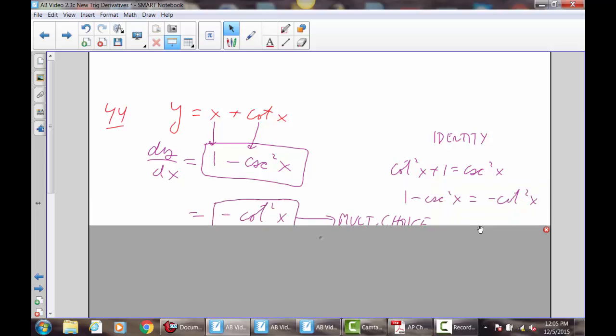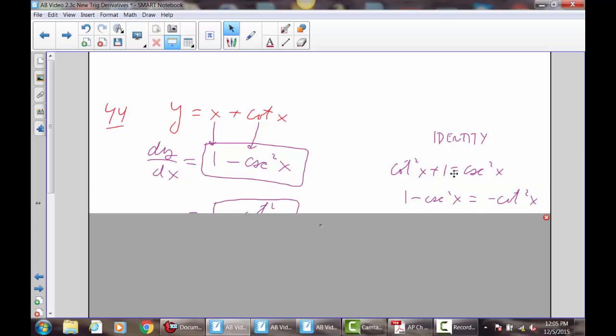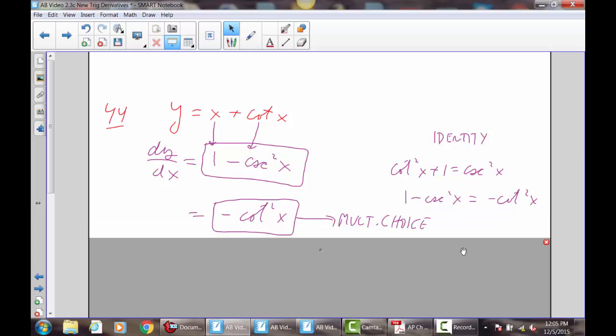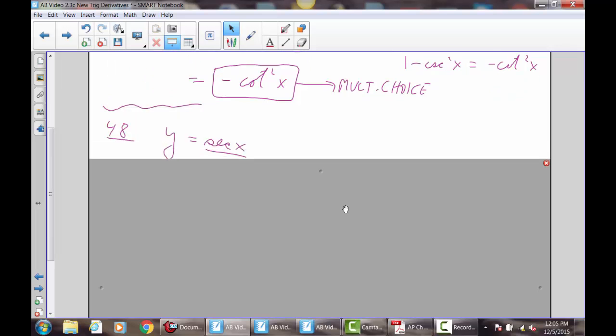So if you were to rewrite this, you would leave the 1 here, subtract cosecant squared from each side, and subtract cotan squared from each side. You would see that 1 minus cosecant squared x is actually negative cotan squared x. And that's how it would look in multiple choice.